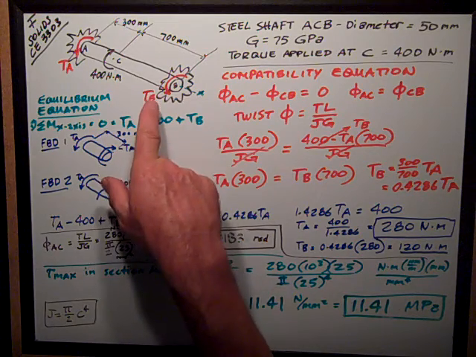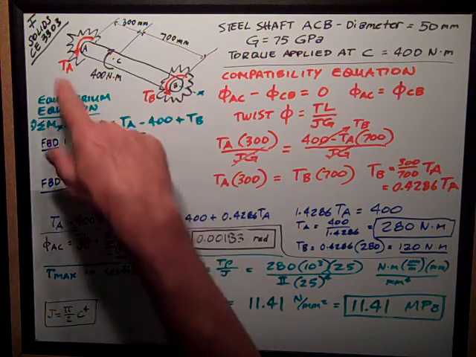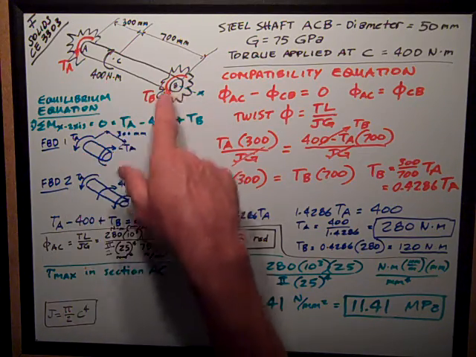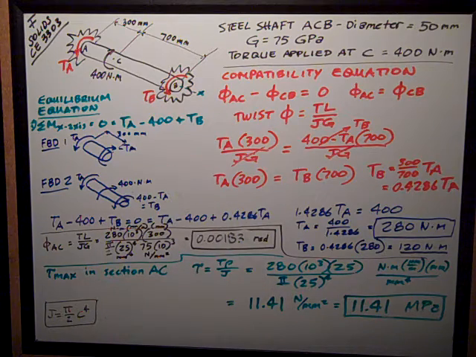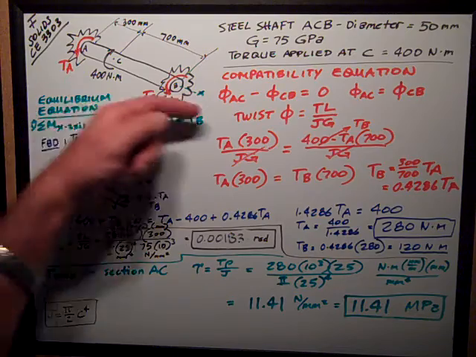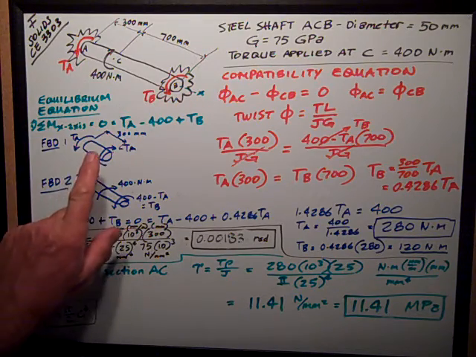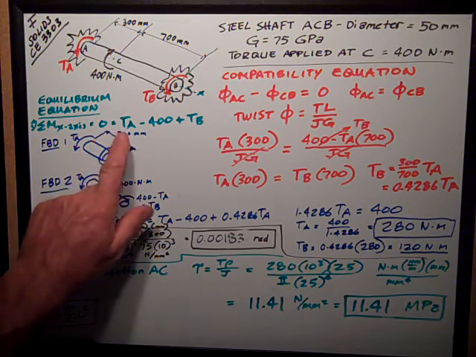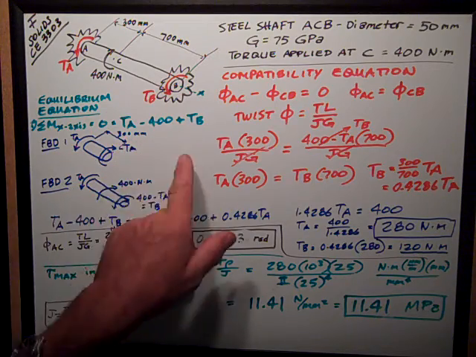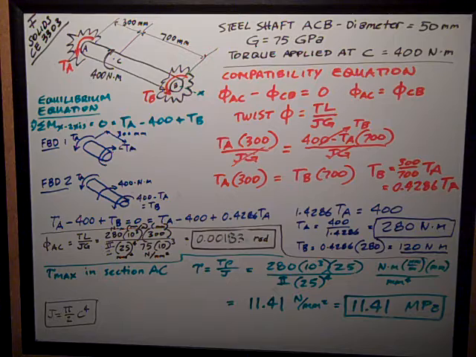I'm just assuming something, and assuming both of them in the same direction opposite this, and I'll let my signs tell me whether or not I'm right. So my equilibrium equation is I sum moments about the x-axis, which is the longitudinal axis for the shaft. That's equal to 0. So TA minus 400 Newton meters plus TB is equal to 0.